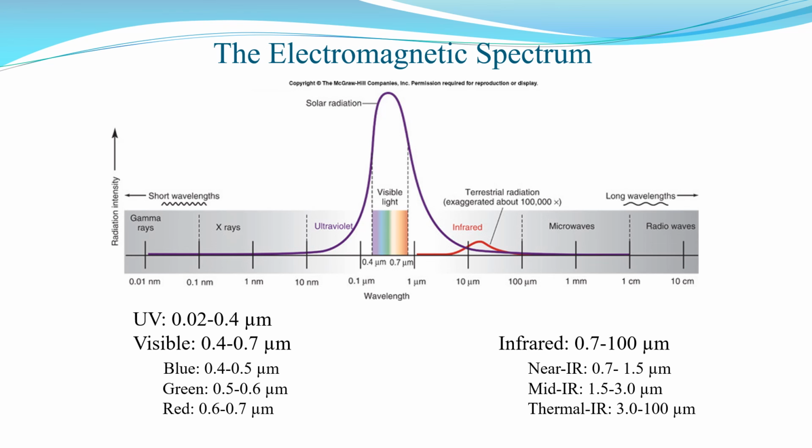A wavelength of about 4 micrometers is considered the boundary separating long wave radiation from shortwave radiation. So all terrestrial radiation is long wave radiation, and virtually all solar radiation is shortwave radiation.